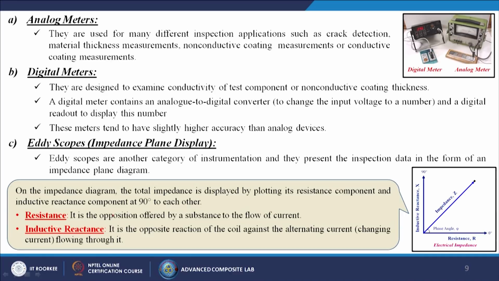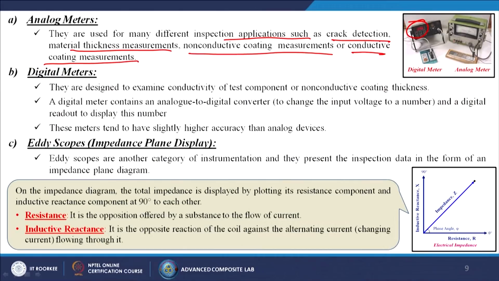They are used for many different inspection applications such as crack detection, material thickness measurements, and non-conductive or conductive coating measurements. Next come the digital meters. Here the value will come digitally, whereas with an analog meter a graph may be plotted and you have to calculate from it.